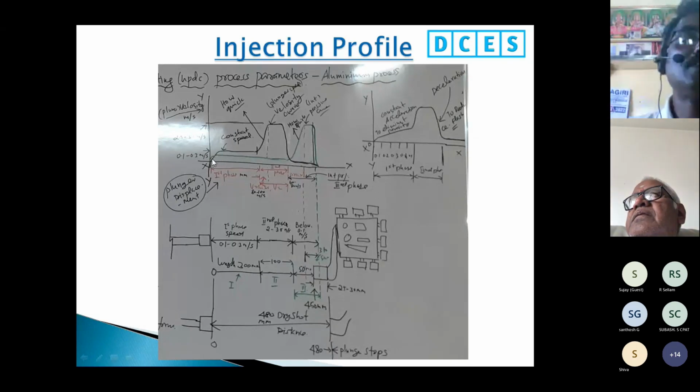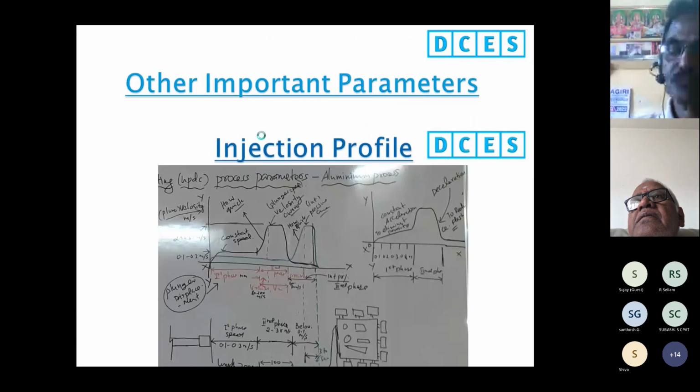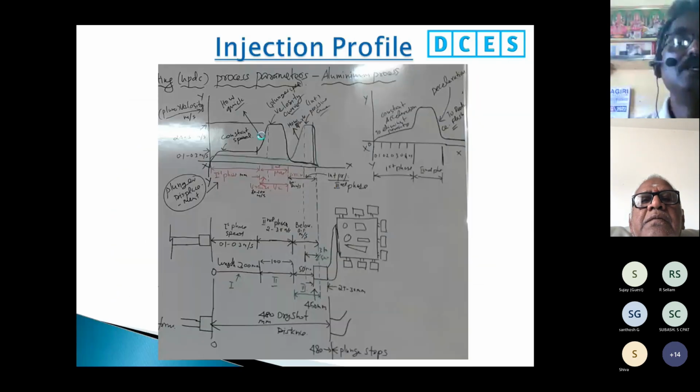Here you see this is the constant speed curve. This is the second phase. And here there is a cursor. This is a pressure dropping line, and this line is showing the constant acceleration.